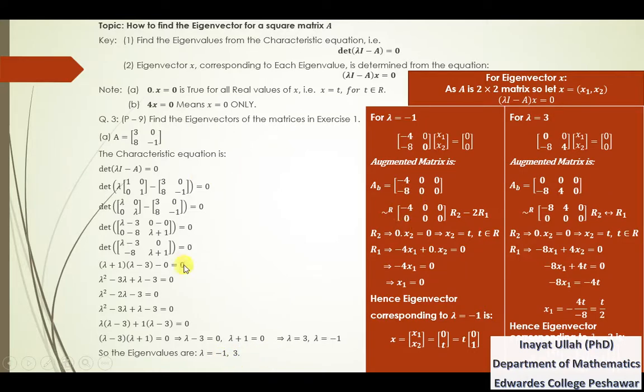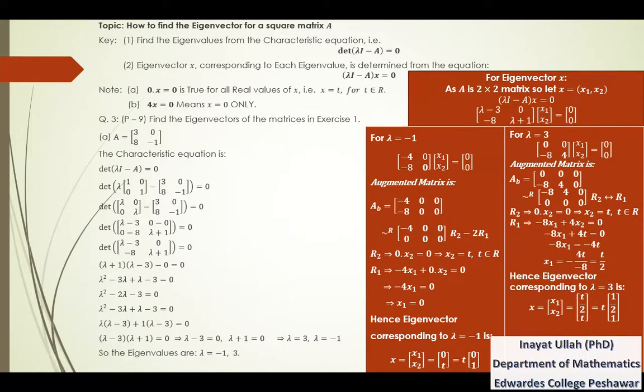So first of all we need to simplify this matrix for lambda is equal to minus 1. Whenever we put lambda equal to minus 1 over here, just look at this equation: lambda I minus A, copying from here and pasting it over there.